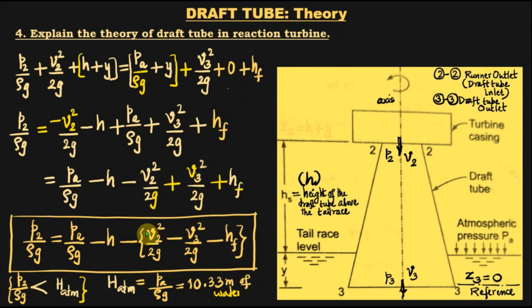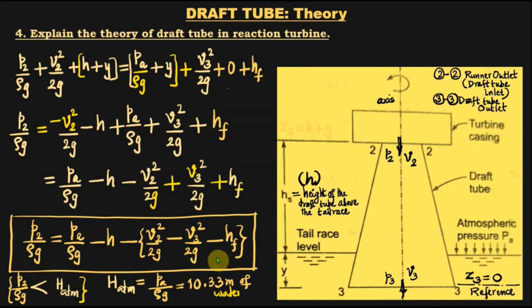See, you are familiar with this term already: V2 square by 2g minus V3 square by 2g minus hf. That is, in fact, the energy head recovered by the draft tube. V2 square by 2g minus V3 square by 2g is the change in kinetic head in the draft tube. Then minus hf means it is an actual energy head recovered.